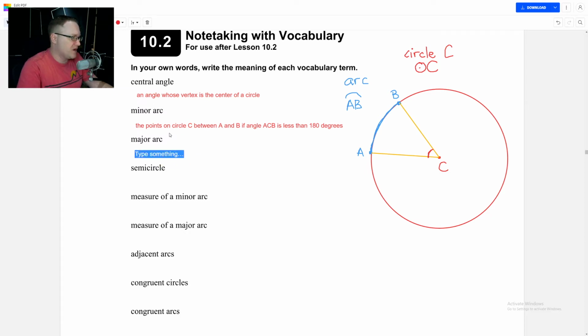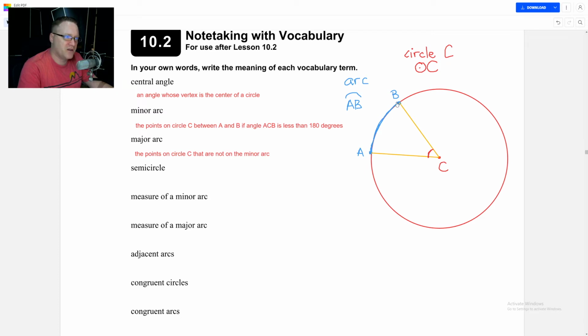So what is the definition of major arc? Well, we're just going to write it's the points on circle C that are not on the minor arc. So all of these red points out here, they are not on the minor arc.